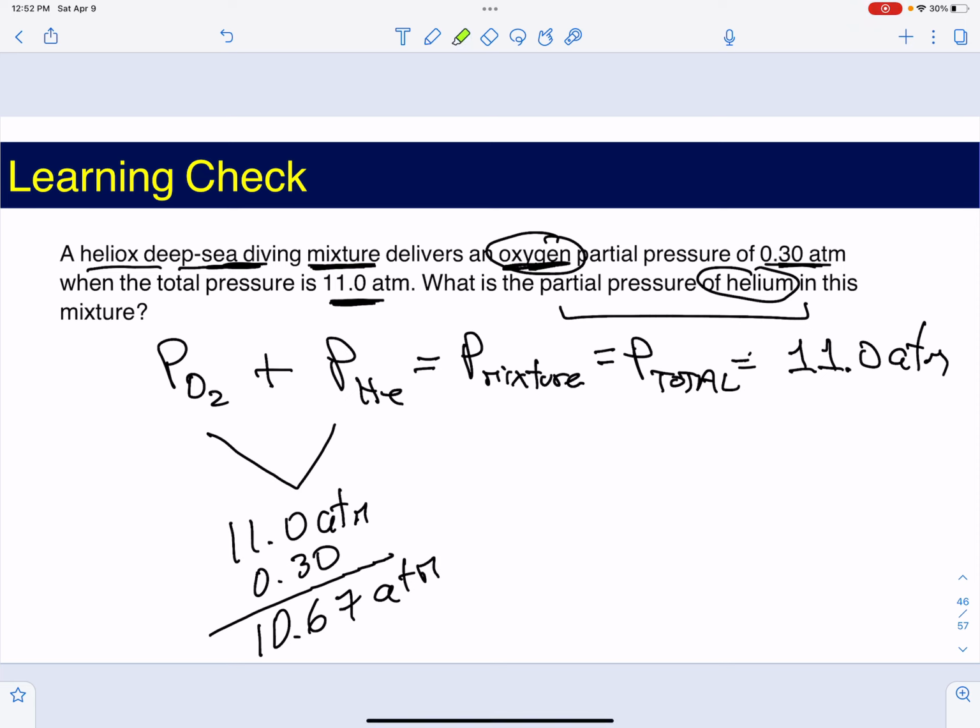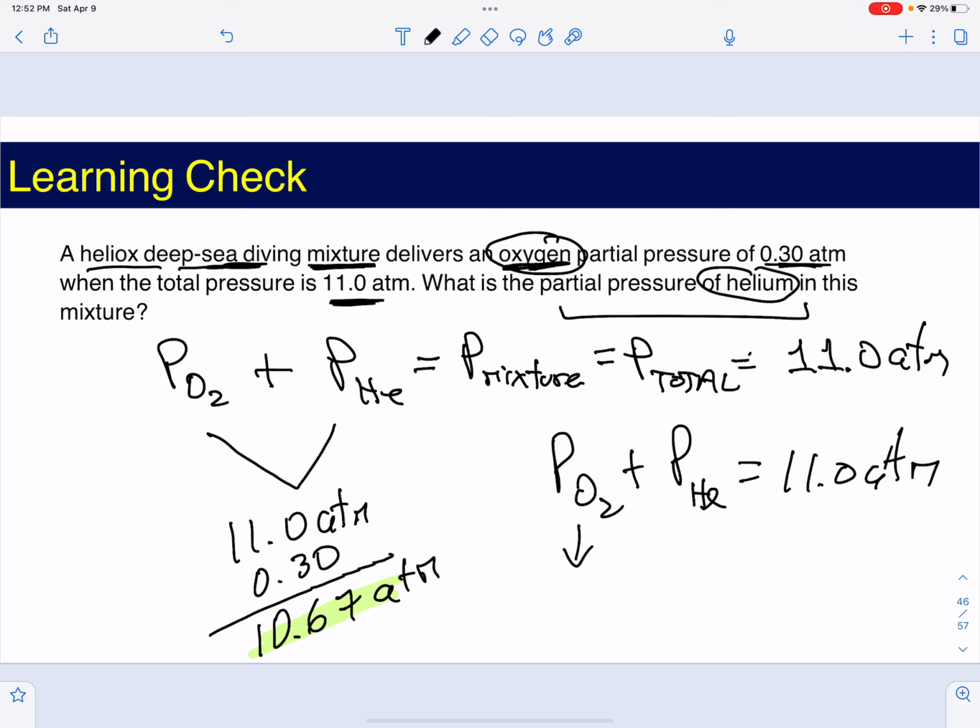So the pressure of helium is going to be 10.67 because the pressure of oxygen plus the pressure of helium equals 11.0 atmospheres. And you know that this one is 0.30 plus that equals 11.0 atmospheres. So that's how we use Dalton's law of partial pressure.